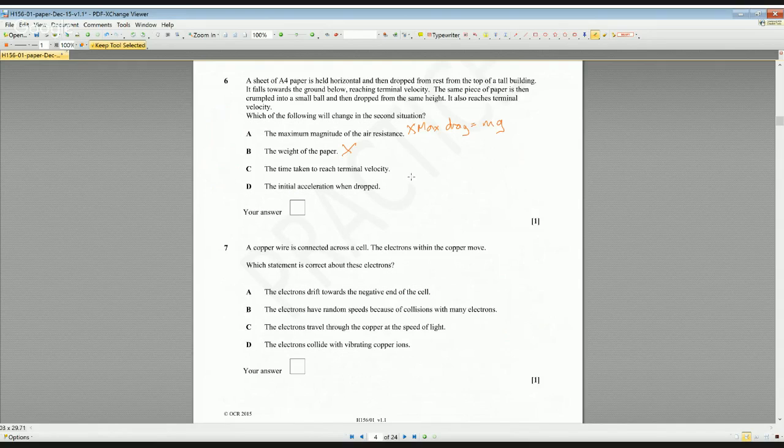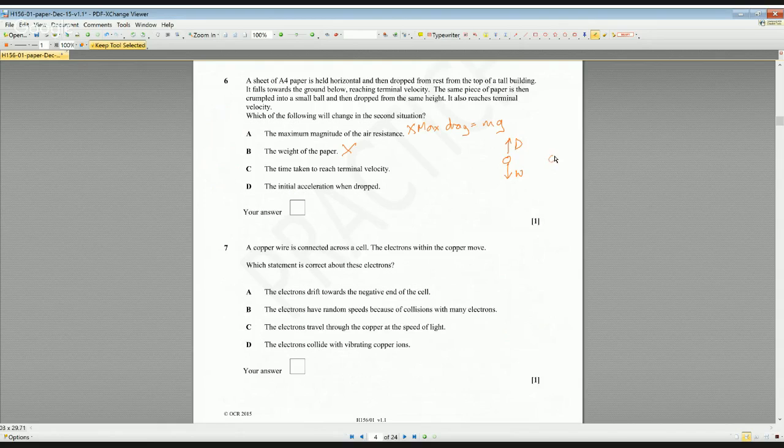The time taken to reach terminal velocity. This is something students often struggle with. The reason why, when we're dropping things in a fluid such as air, a heavier object will appear to fall, well, does fall at a faster rate, is because a heavier object requires more drag to cancel out its weight. So if we have a light object with a small weight, it only needs a relatively small amount of drag to cancel that out.